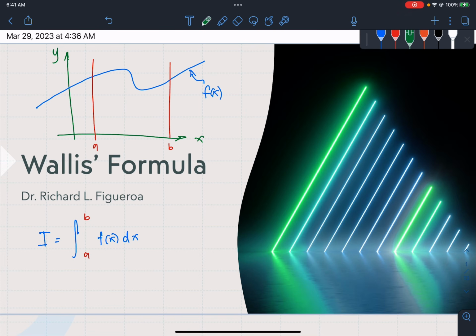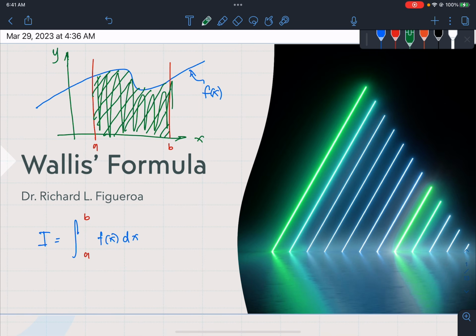In reality, what I'll be getting would just be the area of this shaded region, the exact value. After evaluating the definite integral, it corresponds to the area of this given region, which is bounded by the curve and the x-axis, together with the lower limit and the upper limit.